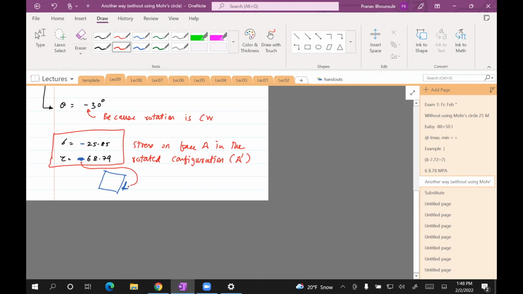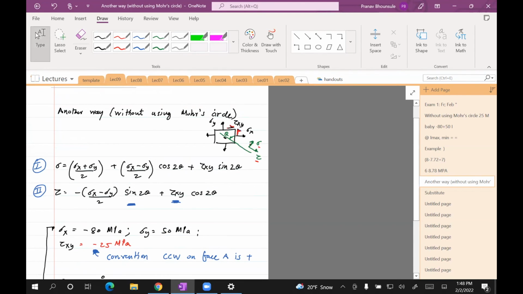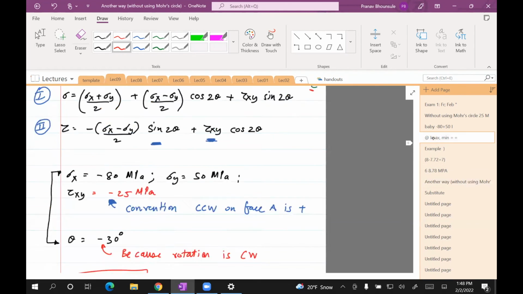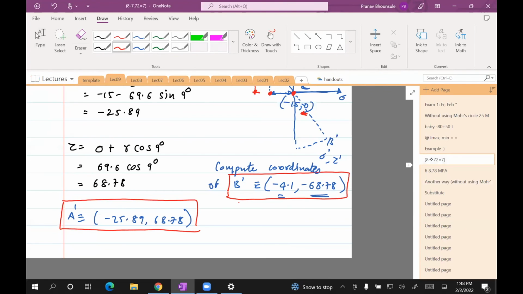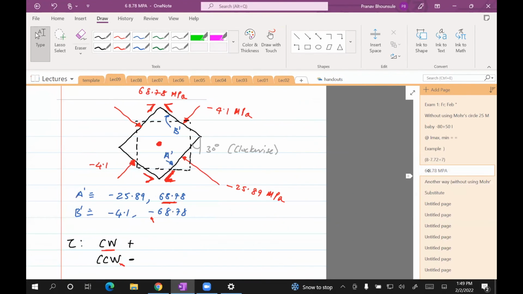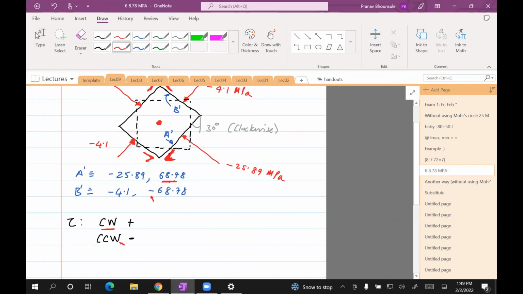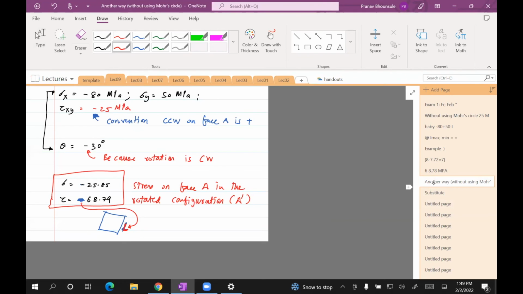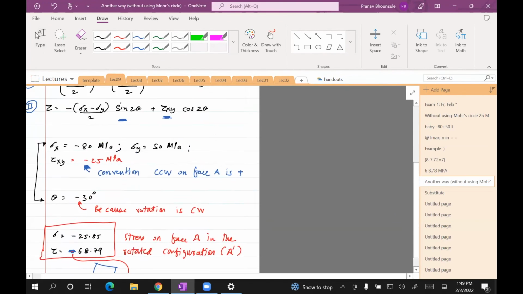This is going to give me this because of this convention, not the Mohr circle convention. And if you check this direction with what I showed on the previous page, it is the same direction, just that the signs were different. This is a point of confusion, but just be mindful that if you use this method, you want to stick to the convention of the figure which I drew here.